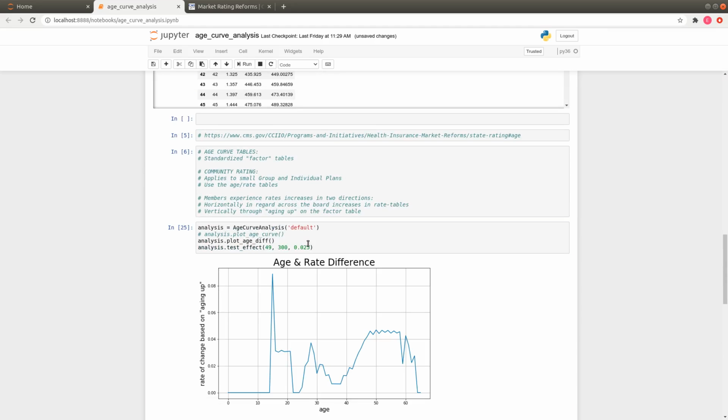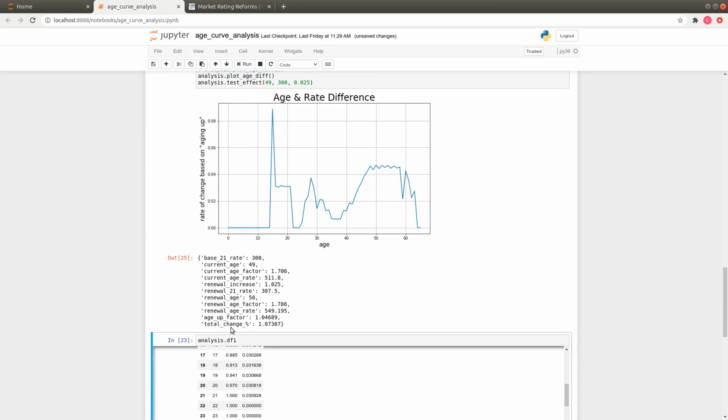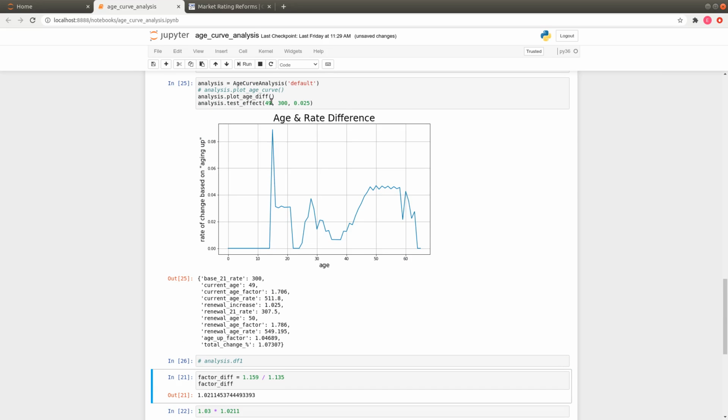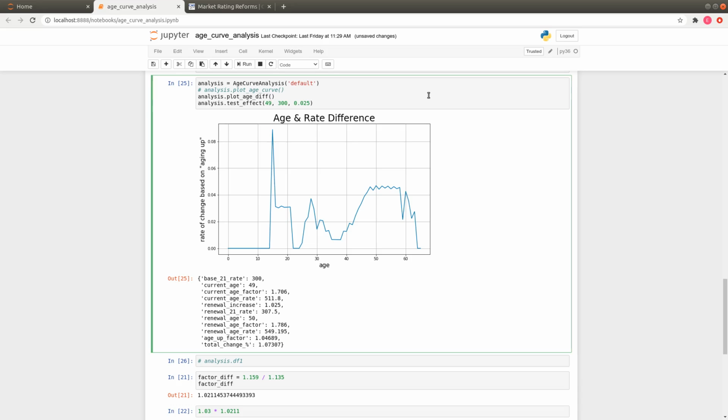This tool down here helps illustrate what I'm trying to get at. It models the change from year 1 to year 2. I'm just going to leave the data values that we have here. We've got a person age 49. They have a product with a base rate, the age 21 rate, of 300.